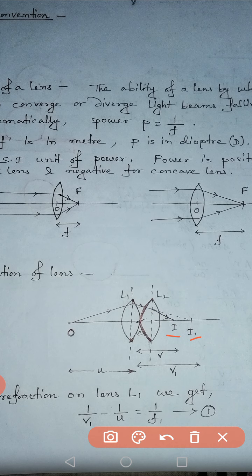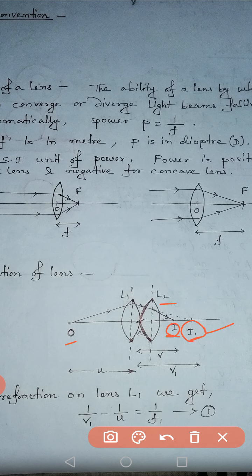So we can think of it in this way. In fact, in the lens maker's formula also we took the situation in this way: for the first lens, O is the object and I1 is the image for the first lens. For the second lens, I1 will behave like the object and I will behave like the image.